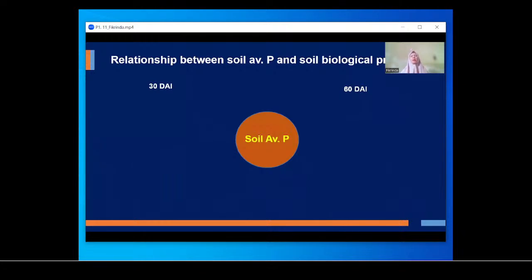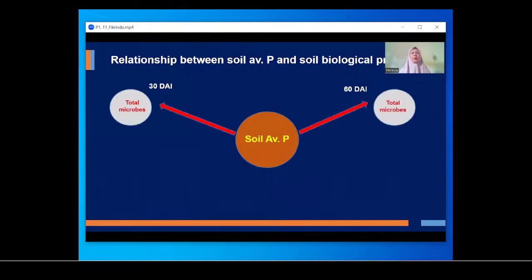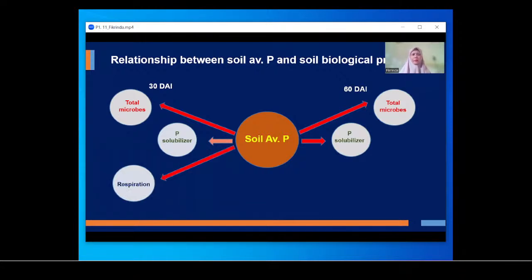Regarding the relationship between soil available phosphorus and soil biological properties, soil available phosphorus has a positive relationship to total microbes at 30 and 60 days after incubation, and to phosphate solubilizers at 30 and 60 days after incubation, but for respiration just at 30 days after incubation, not at 60 days.